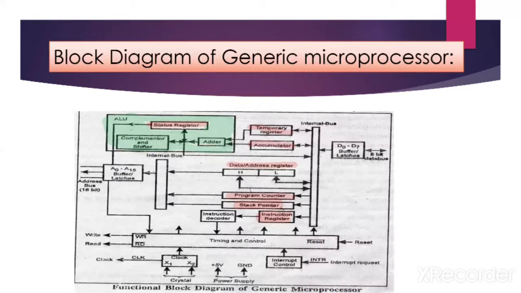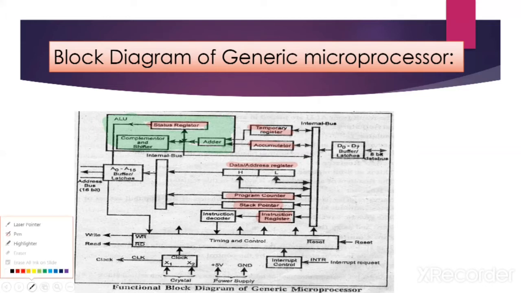Now the next point is the block diagram of a generic microprocessor. The block diagram of a generic microprocessor consists of mainly 7 blocks. The first block is the arithmetic logical unit.